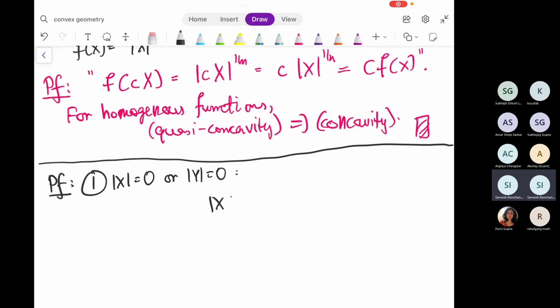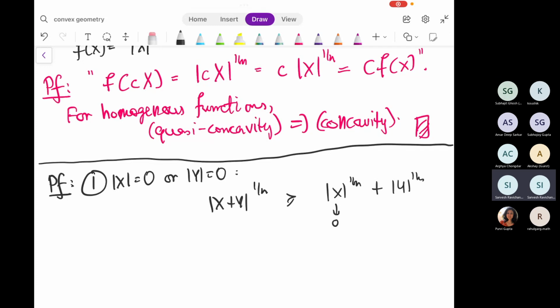So if you think about statement B, you have Lebesgue measure of x plus y on one side, and you have Lebesgue measure of x on one side and Lebesgue measure of y on the other side, both to the power 1 by n, right? If x is empty, if x has Lebesgue measure 0, for example, without being empty, then one of the terms on the right-hand side is 0. Let's say if the Lebesgue measure of x is 0, then on the right-hand side, you're left only with the Lebesgue measure of y to the 1 by n.